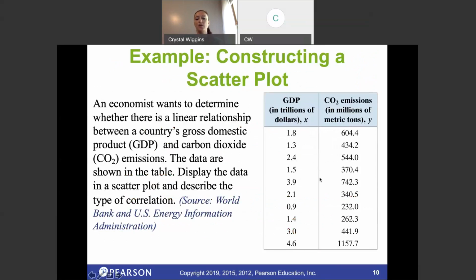And if we wanted to plot this into a scatter plot, we could easily do it in Excel, or in your calculators, or in any statistical software, really. But it's really easy to do in Excel if we wanted to plot this. Or we could plot it in our Guru, which is what we're going to use. But I have prepared a data set. It's not this one, but I'll show you how to plot a scatter plot in our Guru this week.